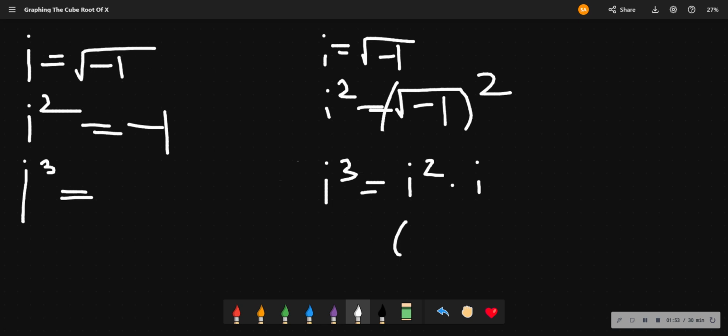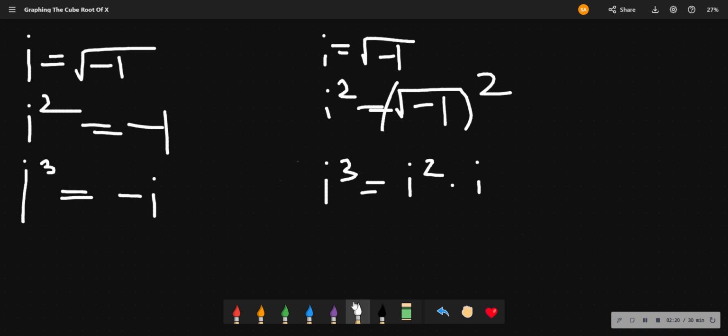And what is i squared? It is -1. What is i? It is just i, or the square root of -1. -1 times i is -i. So i cubed is -i. Okay, simple enough.